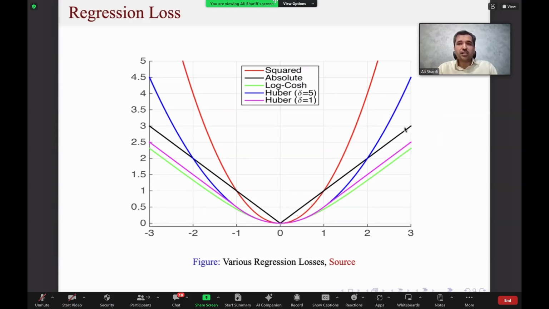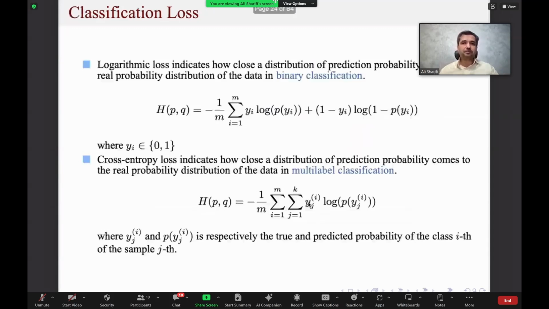But with larger errors, the loss for mean squared error is significantly higher than for mean absolute error. So depending on the problem, if we want to allow very small errors but disallow very large errors, mean squared error is a better choice for a loss function. But if we want to disallow even small errors, mean absolute error might be a better option.